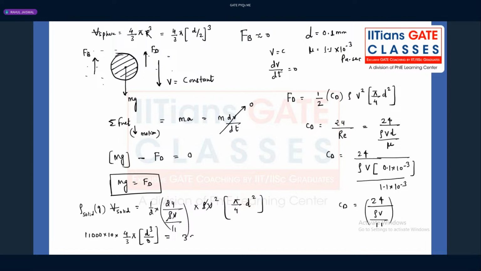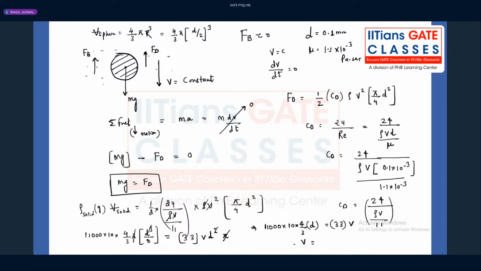You are going to get 33 into v into d square. Finally, there is a pi value also there. This pi and this pi will cancel out, and this and this will also cancel out. You are going to get 11,000 into 10 into 4 by 3 into d, which is equal to 33 into v.